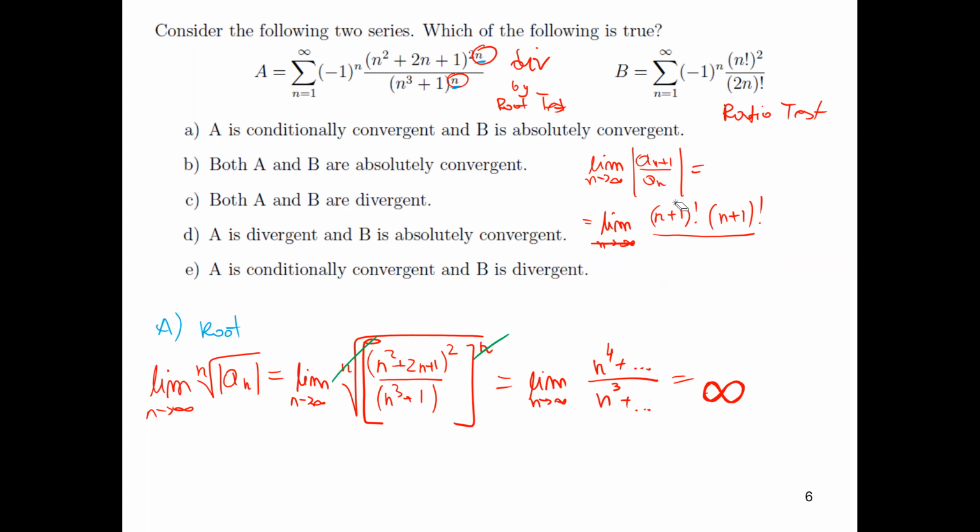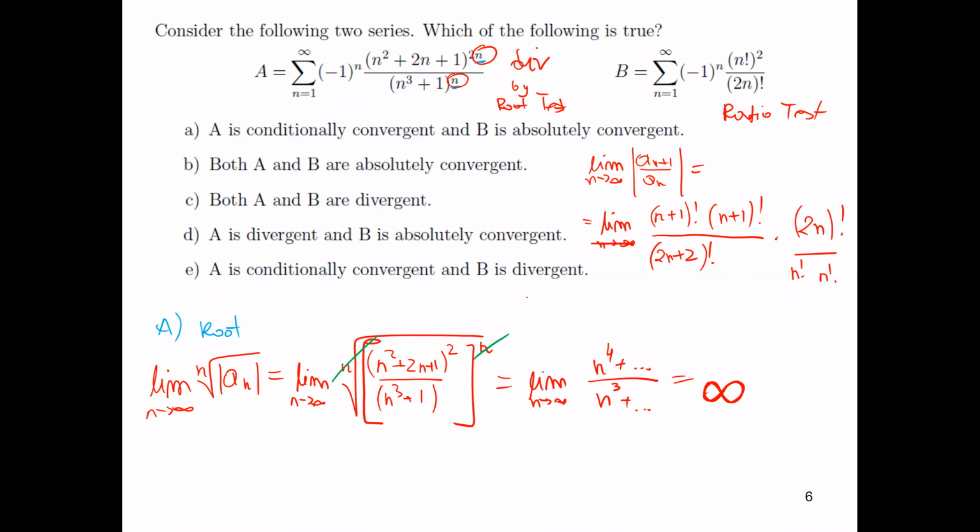Because I have to do 2 and I have to add 1, which means that 2 I will distribute: (2n plus 2) factorial. And now, dividing by a sub n, I will multiply by the reciprocal: (n factorial) squared.